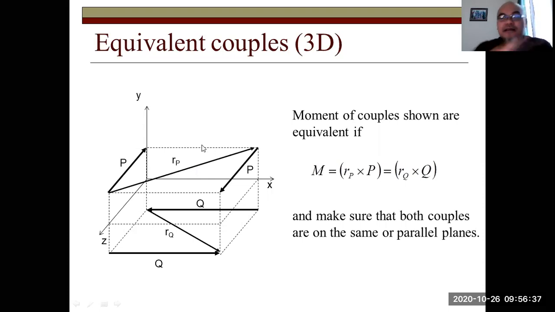For example here, we not only shift but rotate the direction of the couples. Still, they create the same moment, because they have the same magnitude, parallel to each other, and the vector between the beginning points of the two forces is the same. RP and RQ are the same. The difference is only the direction. They are at different planes, but they have to be parallel.